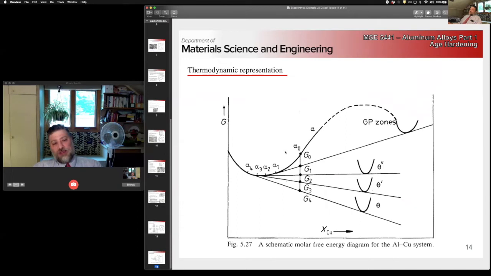But what I want to point out is essentially what we can do is if we start from GP zones, we can progress through a series of these intermediate phases, right? And each time lower the Gibbs free energy of our system a little bit, right? Each time we are going to reduce the amount of copper in our alpha phase, right?